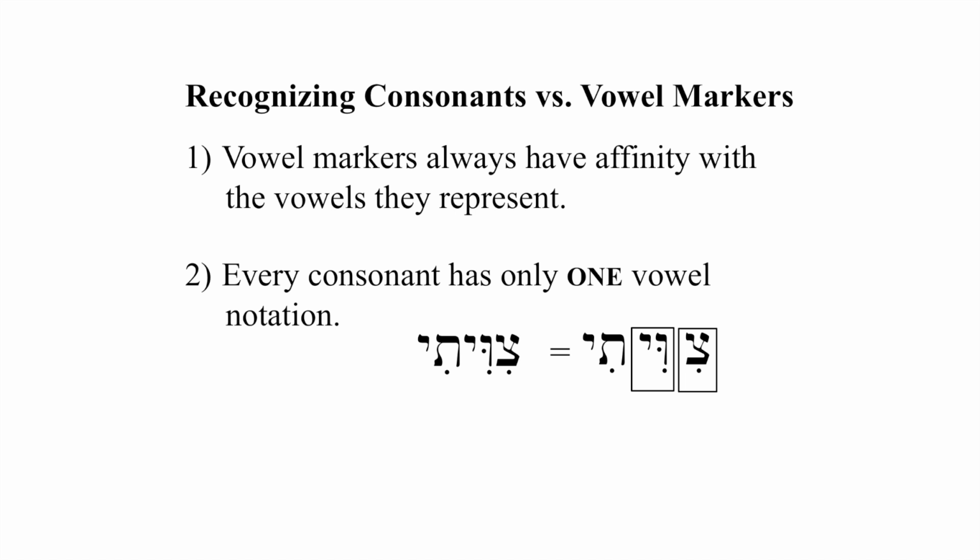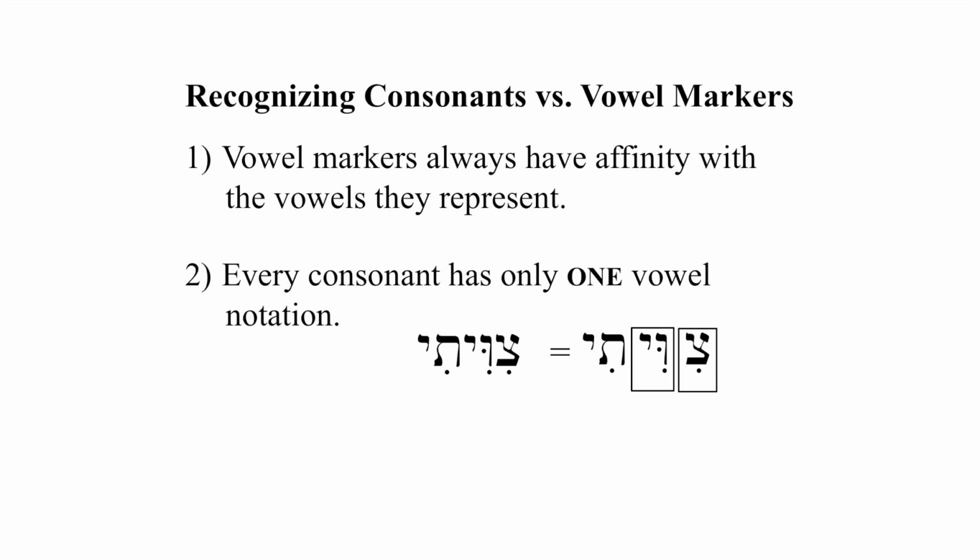The same is true at the end of the word. When we get to the end of the word, the yod does not have to have a vowel notation because it's the last consonant in the word, but the vowel in front of it is a vowel with which the yod has affinity, E. It's not functioning as a consonant, it's functioning only as a vowel marker.